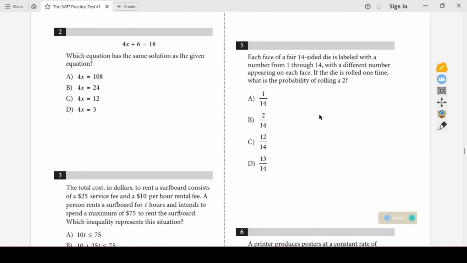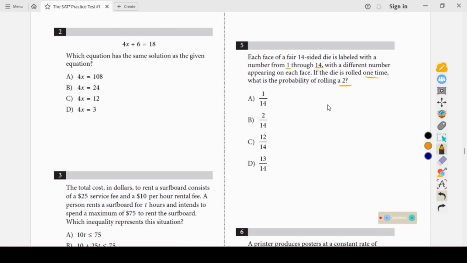Okay, our fifth question is, each face of a fair 14-sided die is labeled with a number from 1 to 14. Means there is a 14-sided die. Each side is numbered from 1 to 14, with a different number appearing on each face. If the die is rolled one time, what is the probability of rolling 2?